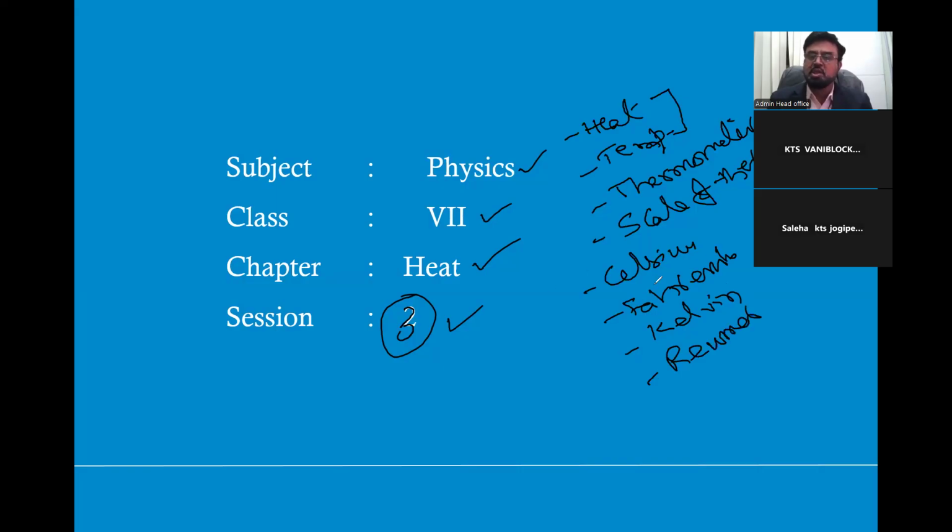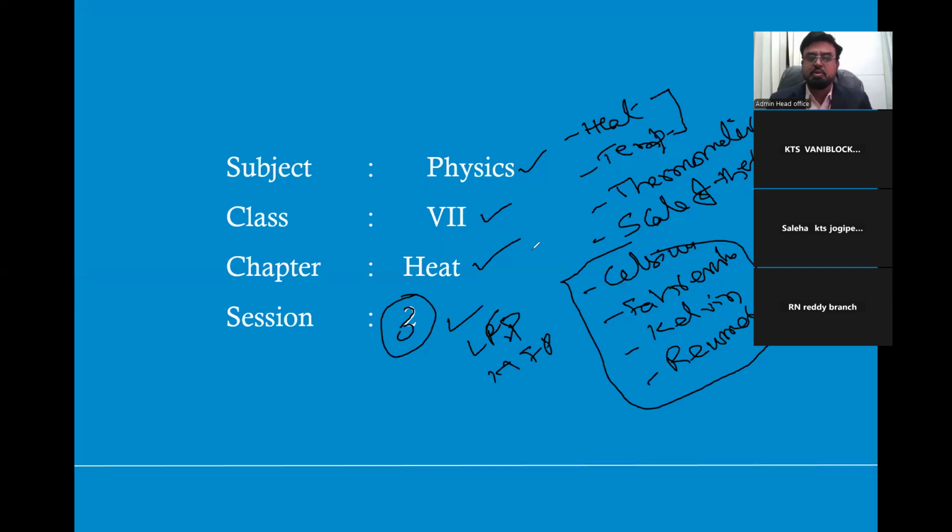In the last class we learned about these thermometers, and we saw the lower fixed points and higher fixed points of all the thermometers, how they are constructed, how they are calibrated with the numbers, and the relation between them.